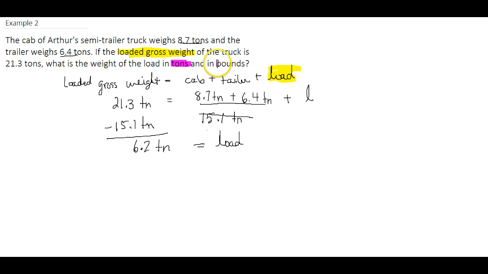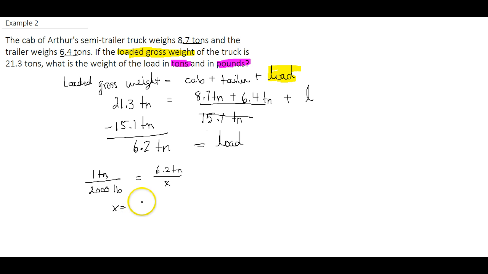The next thing I need to do is answer it in pounds. So I know that 1 ton is equal to 2,000 pounds. And if I have 6.2 tons, how many pounds am I going to have? Well, if I take and multiply 2,000 pounds by 6.2 tons divided by 1 ton, that gives me X in pounds.